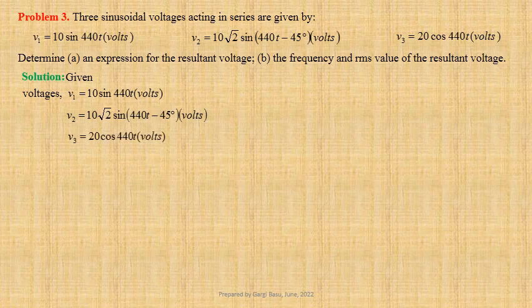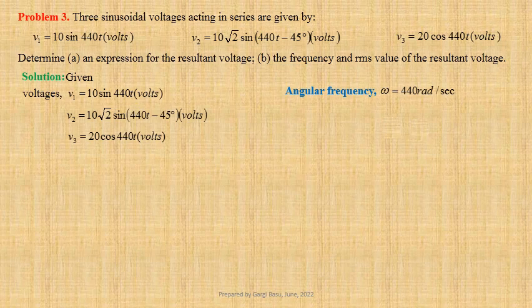We have to determine an expression for the resultant voltage and the frequency and RMS value of the resultant voltage. Here we observe that angular frequency omega equals 440 radian per second.